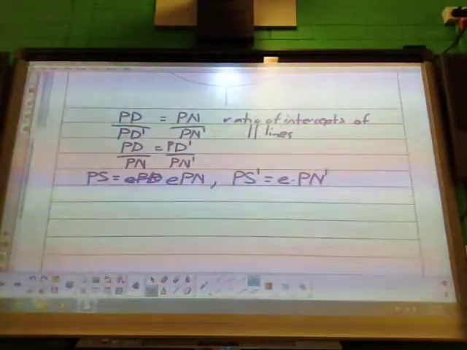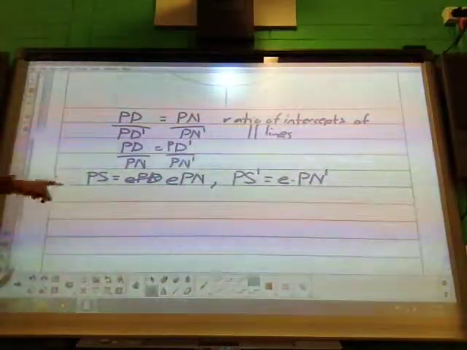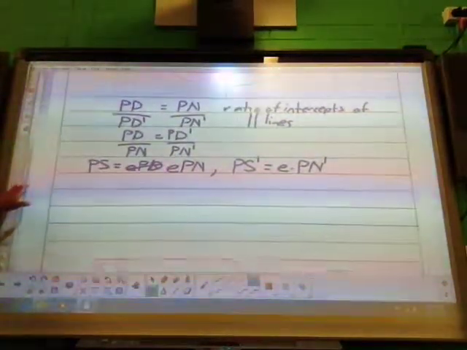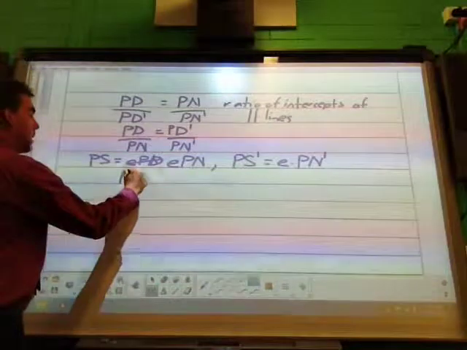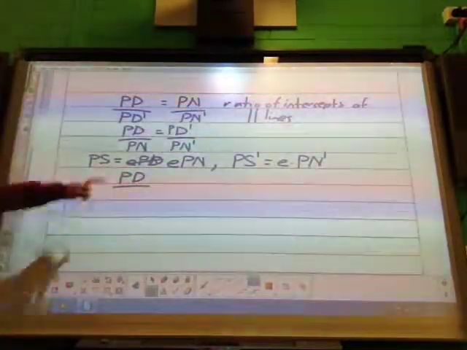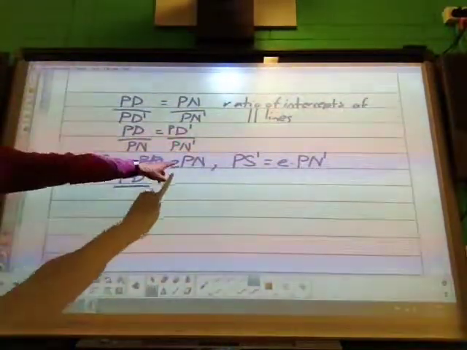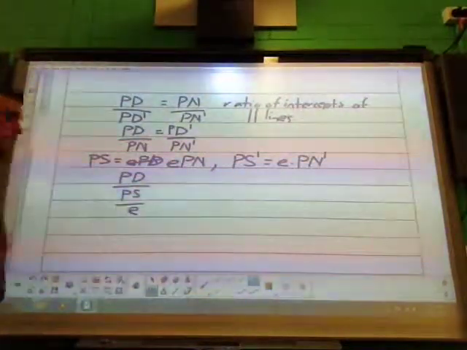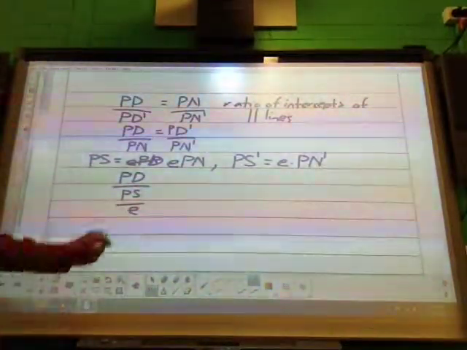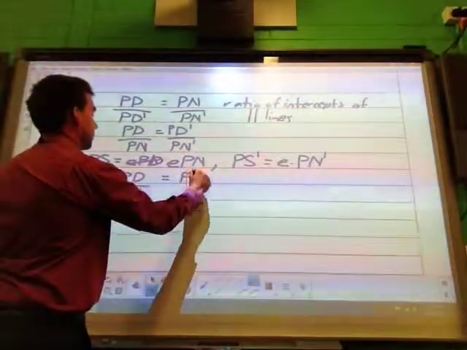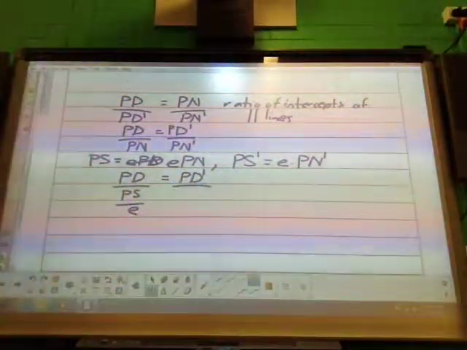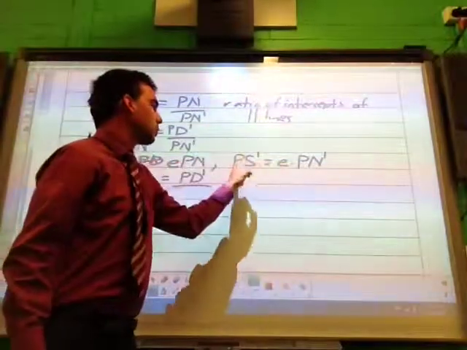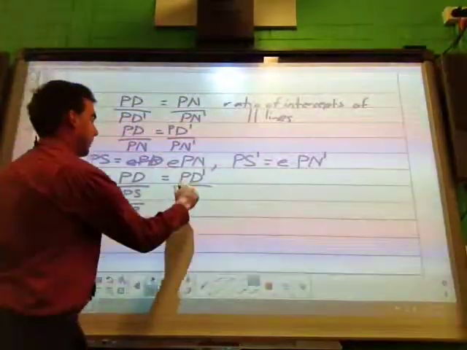Right, so I'm going to replace Pn and Pn prime. So Pn is going to be PS over e, and my Pn prime is going to equal my PS prime over e.